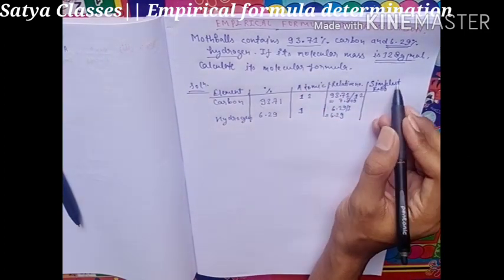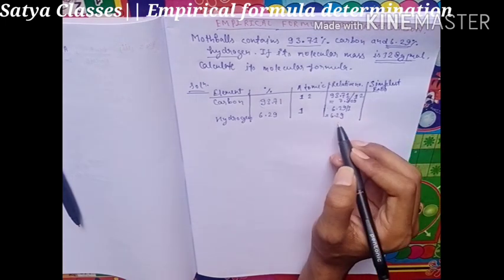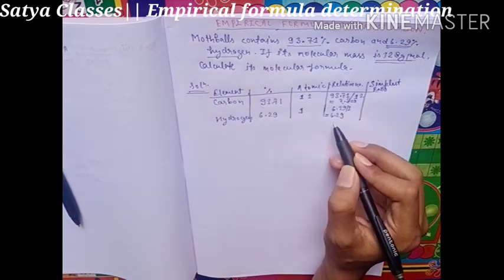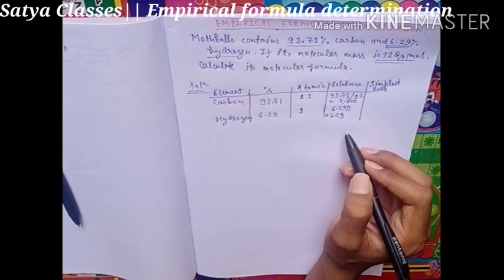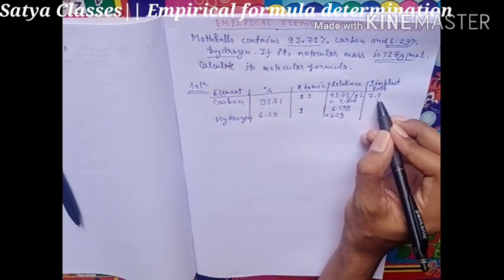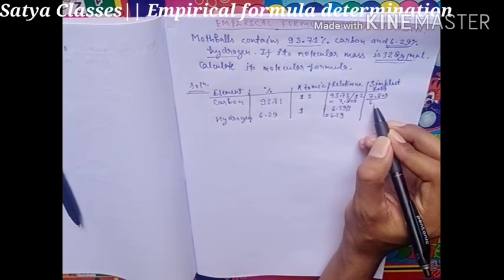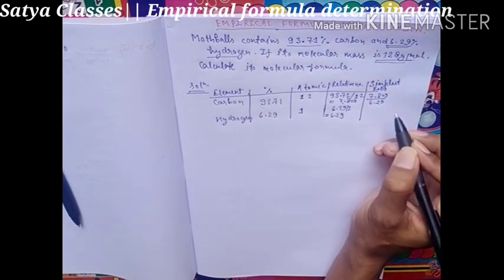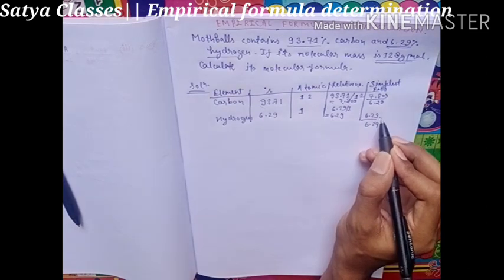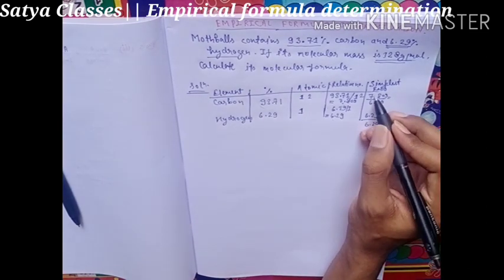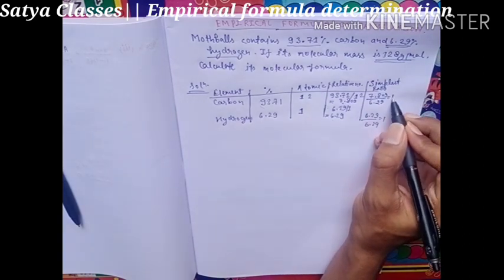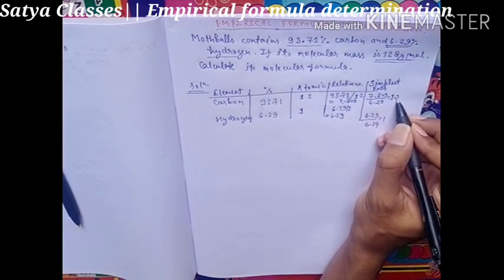For finding the simplest ratio, look at the species which is lower in amount, like 7.809 and 6.29. So 6.29 is lesser, so we'll divide 7.809 by 6.29, and 6.29 will be divided by itself. This gives 1, and 7.809 divided by 6.29 is nearly 1.24.